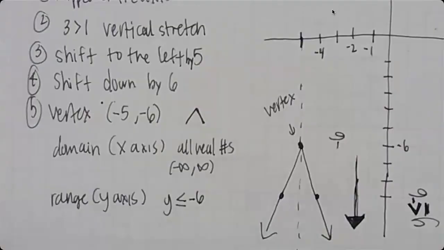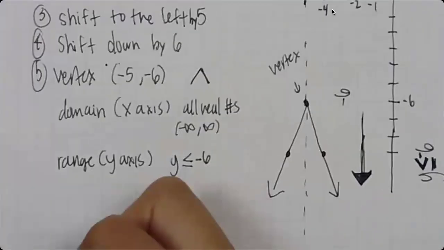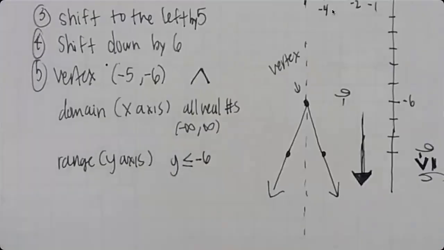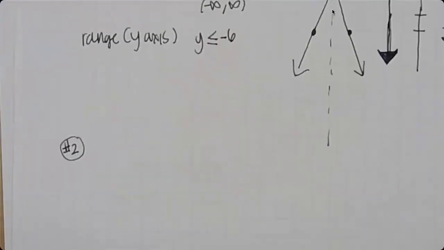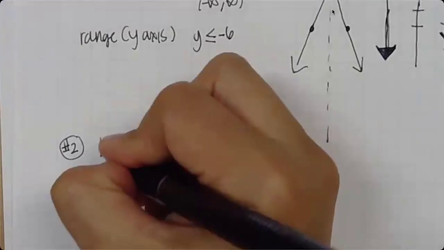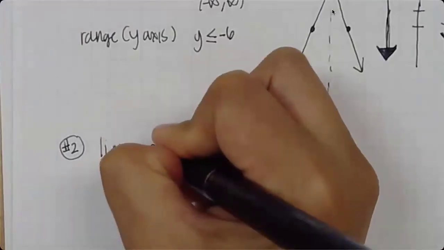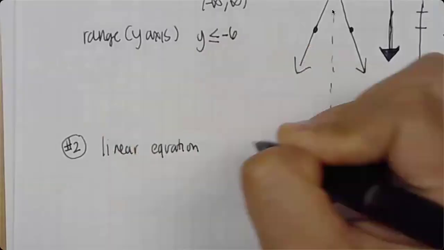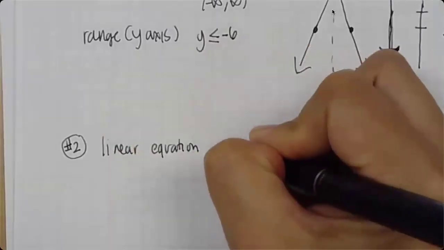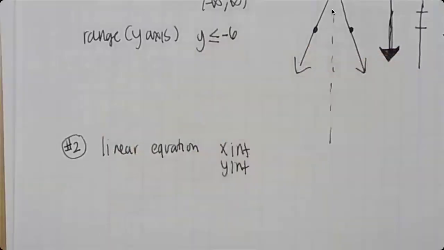Okay, I'm also going to do number 2 on our study guide. Number 2 is also graphing a linear equation, okay? They want to know our x-intercept and our y-intercept.